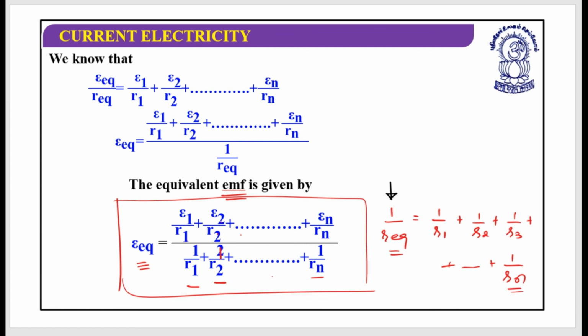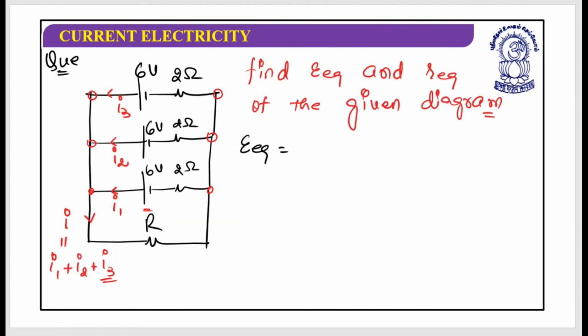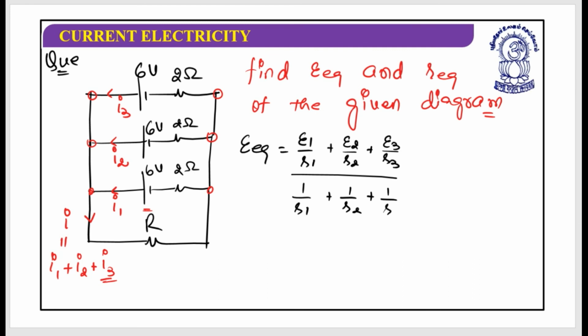So let's do this. E equivalent equals E1 by R1 plus E2 by R2 plus E3 by R3, divided by 1 by R1 plus 1 by R2 plus 1 by R3, which is 6 by 2 plus 6 by 2 plus 6 by 2. Here I am writing plus because the positive of this and the positive of this are connected, and even the positive of this is connected.